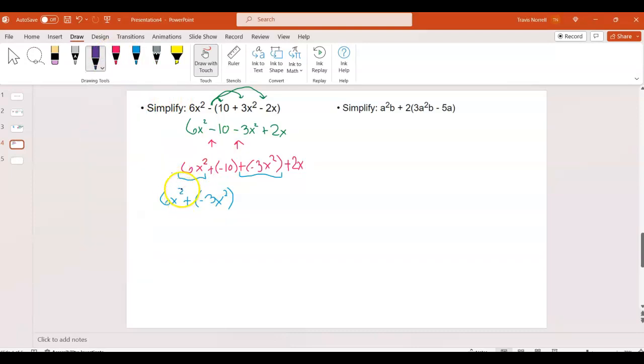Their exponents are always in decreasing order. I'll have the x squared, then I'll move to the x to the power of 1. So I'll do plus 2x. And then lastly, I'll put the value that has no x at all, plus negative 10.